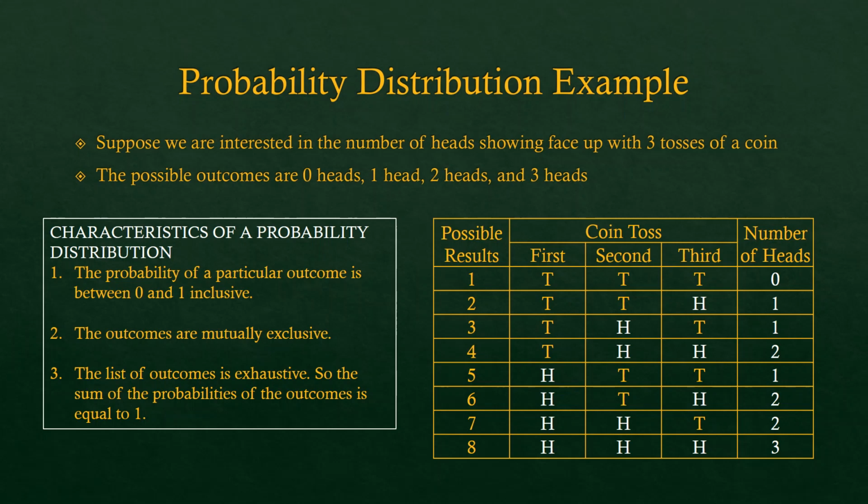Okay, so the probability of heads in the first toss is 0.5, the probability of heads in the second is 0.5, and the probability of heads on the third toss is 0.5.